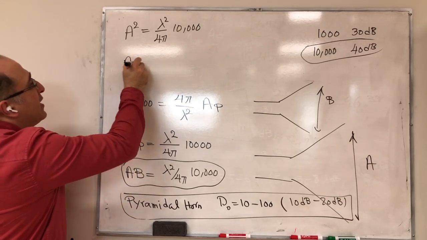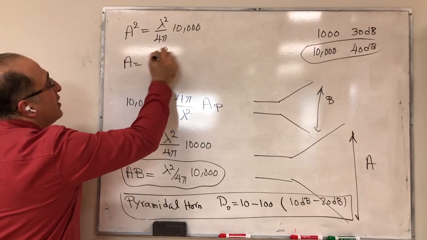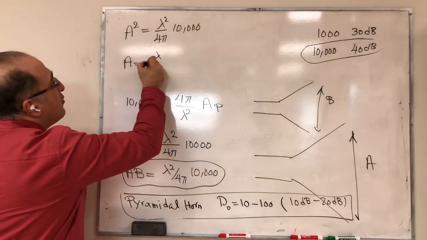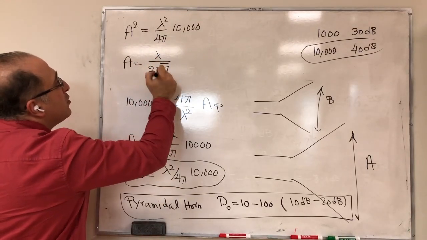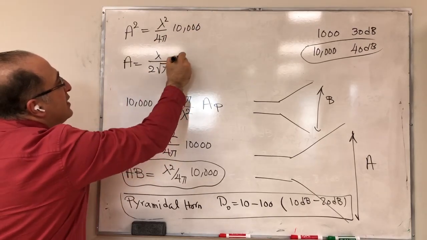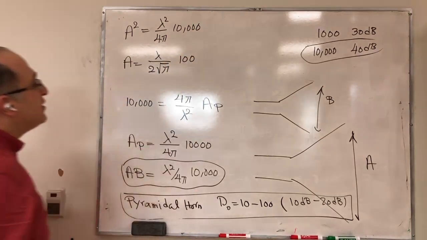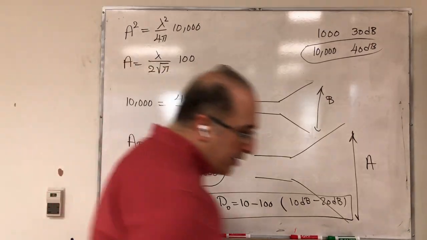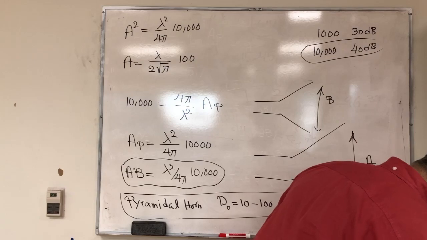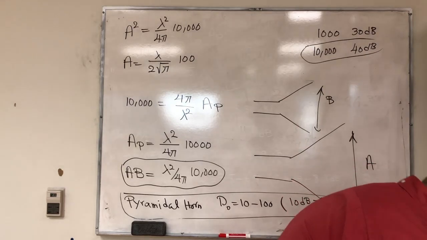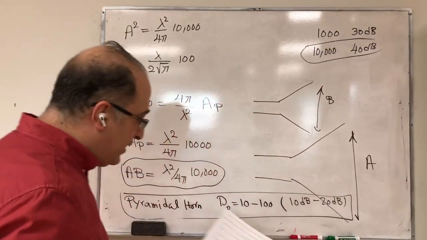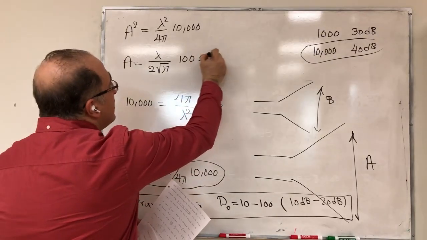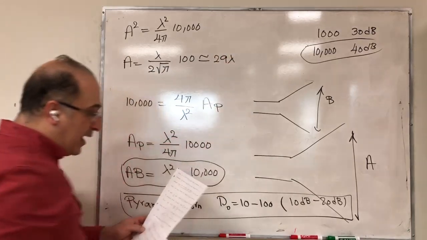Therefore, your A becomes lambda. So I'm taking the square root of this. Lambda squared becomes lambda. 4 becomes 2, a square root of pi, and 10,000 here becomes 100. So this is what I'm going to have, and I'm probably going to have the approximate value for my A here, and that A is approximately 29 lambda.